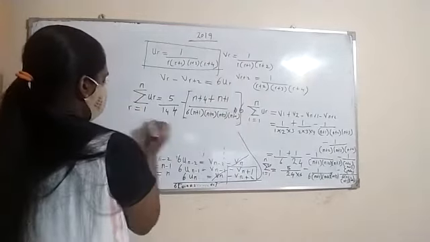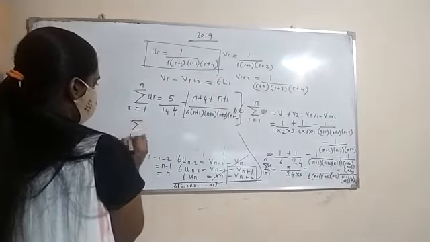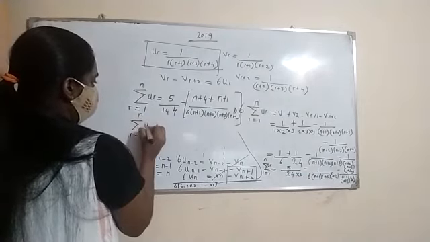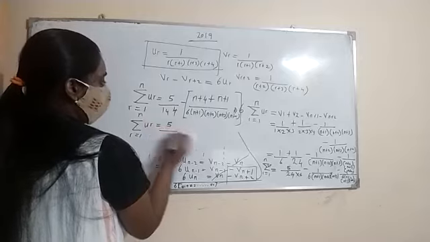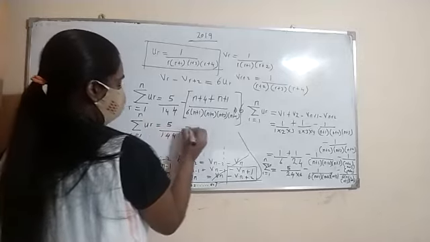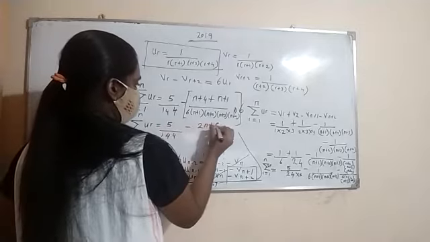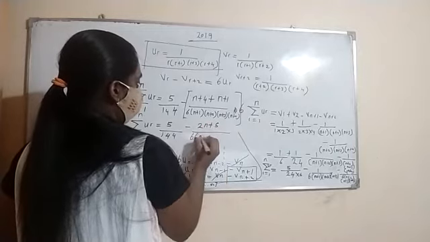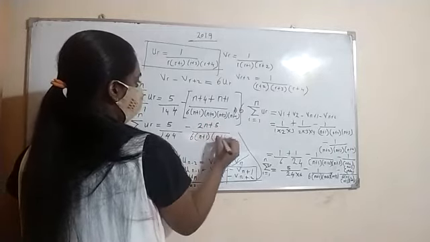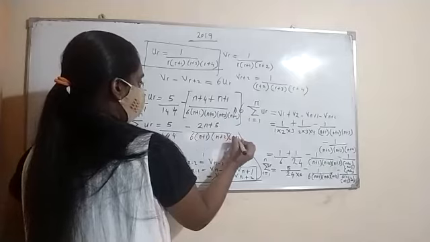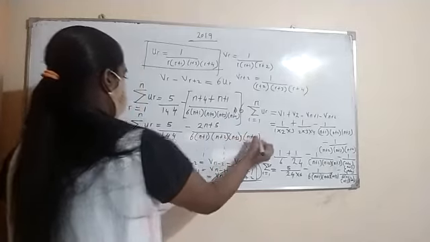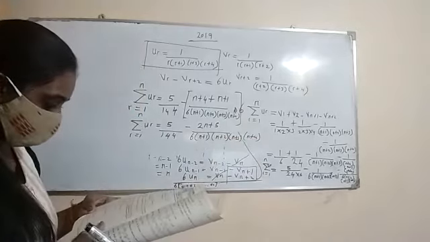My final expression is sigma R running from 1 to N of U R equal to 5 over 144 minus 2N plus 5 over 6 into N plus 1 into N plus 2 into N plus 3 into N plus 4. So that is the expression they asked for.